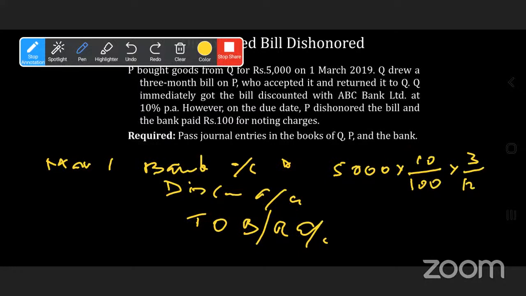5,000 into 10 by 100 is 500, into 3 by 12.